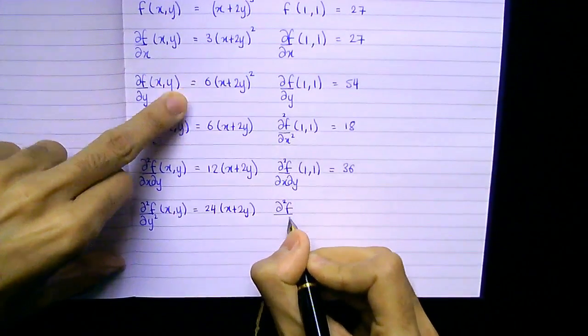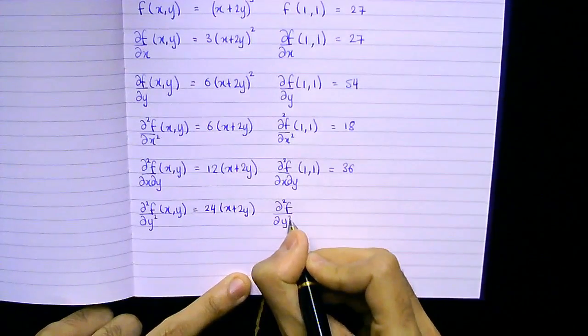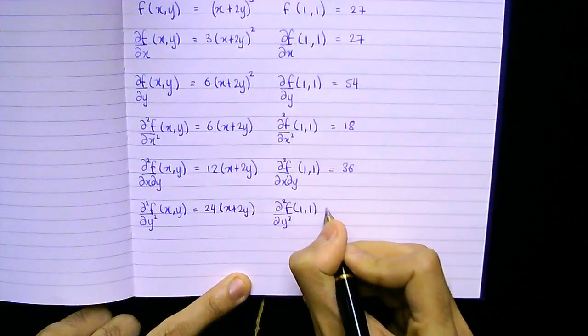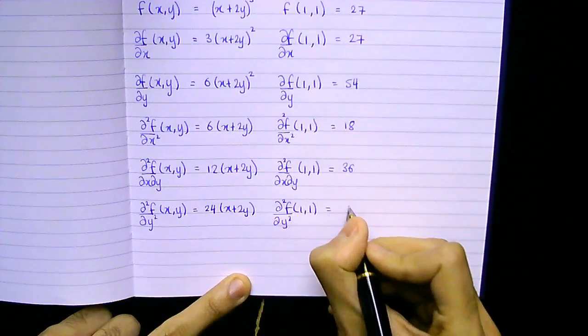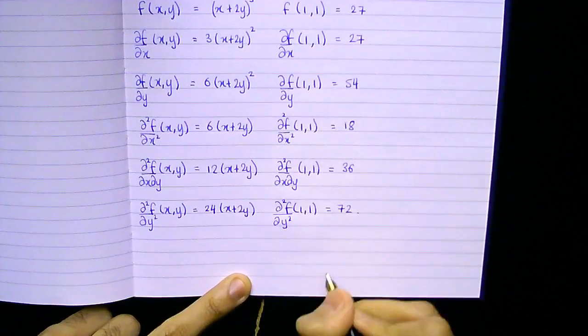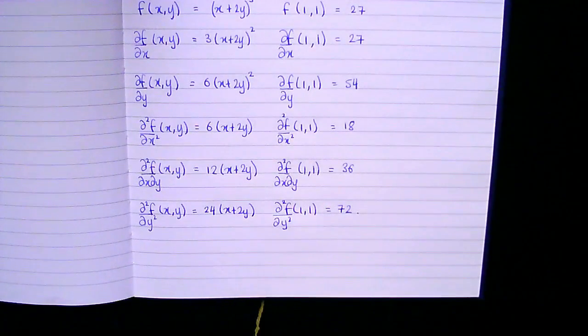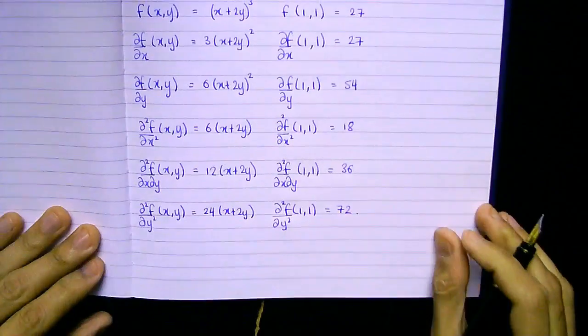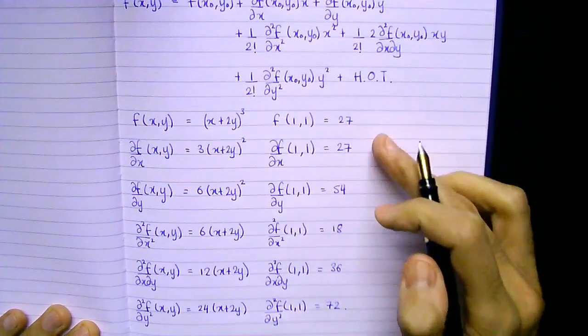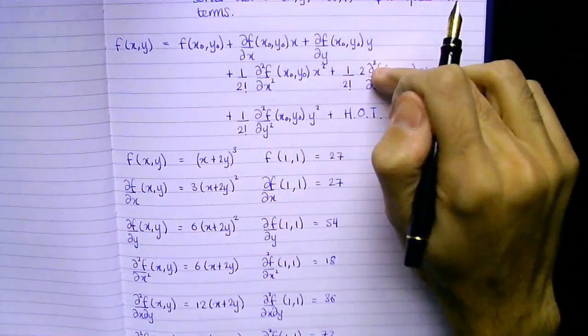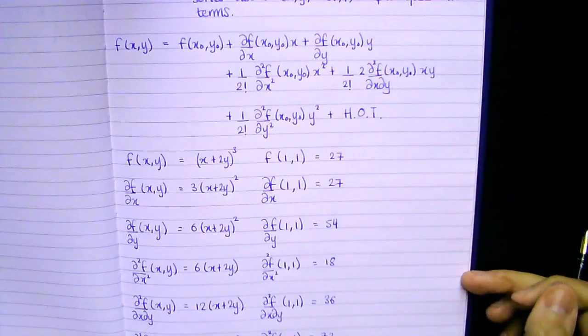And now I evaluate this at a particular location, and I should get 72. Okay, great. So now I have all of these numbers. I can just stick those into this expression, and then I'm done.